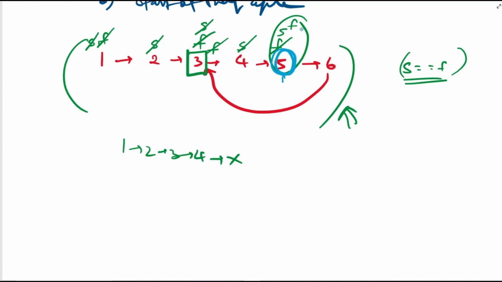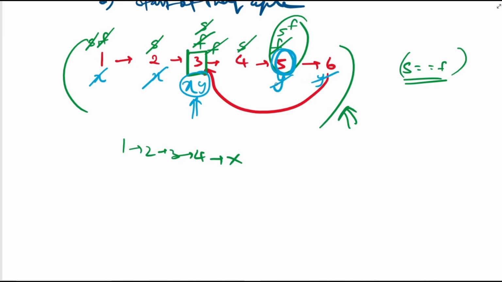You can use the fast pointer, the slow pointer, or some other pointer. Then take another pointer at the start of the list, and increment both once at a time. Where these two pointers meet will be our starting point.